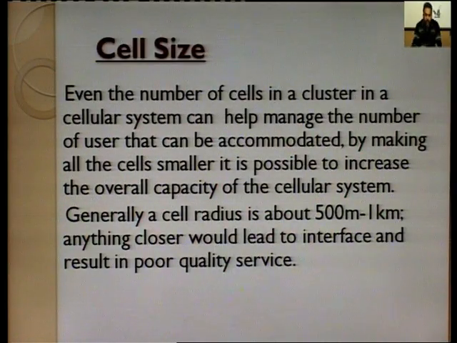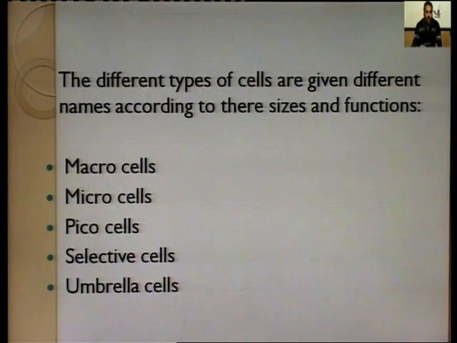So, if we locate cells very close, even less than 500 meters, it will lead to co-channel interference, and it will make the quality of the services poor. Now, the different types of cells are given different names according to their size and functions.